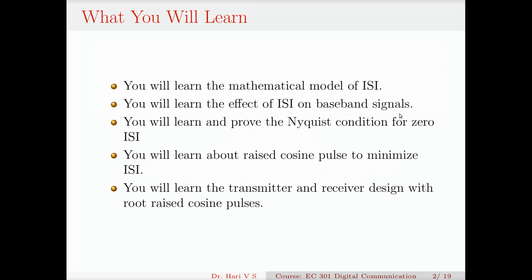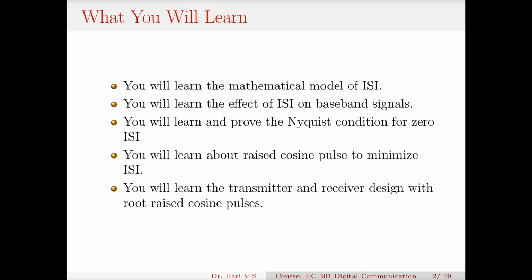What you will learn in this section is that first you will understand the mathematical model of intersymbol interference, and then you will learn the effect of ISI on baseband transmission. Then you will learn and prove the Nyquist condition for zero ISI. So what is the condition of the channel spectrum as far as this ISI is concerned? What should be the condition for zero ISI?